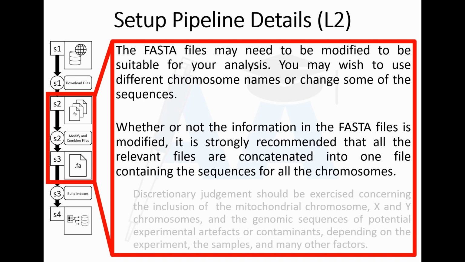Whether or not the information in the FASTA files is modified, it is strongly recommended that all relevant files are concatenated into one file containing the sequences for all the chromosomes, also referred to as a genome FASTA file. Depending on the experiment, you may or may not wish to include mitochondrial chromosomes, X and Y chromosomes, and/or the genomic sequences of potential experimental artifacts as pseudochromosomes.